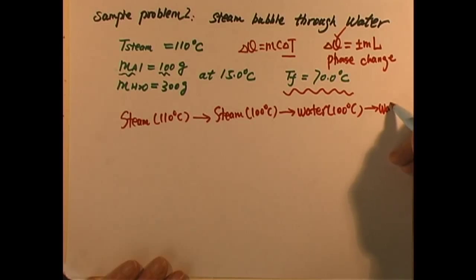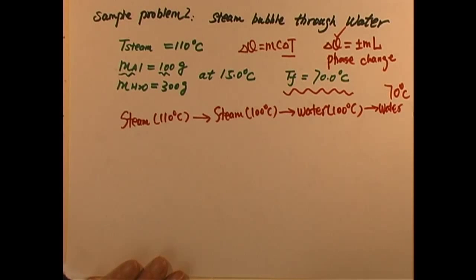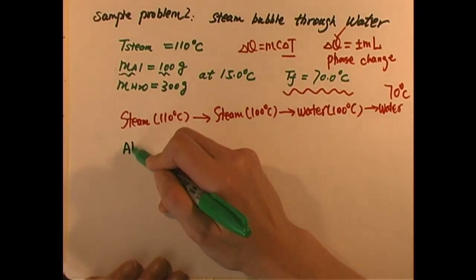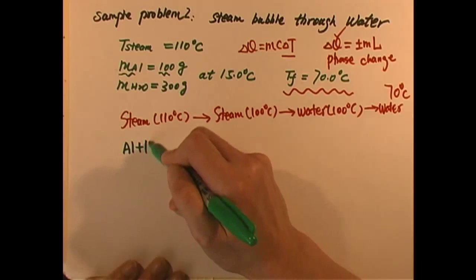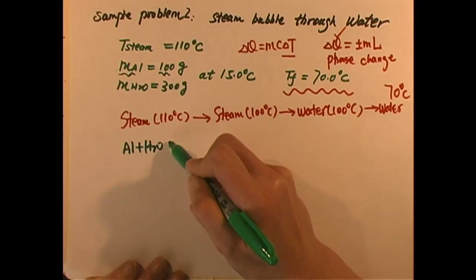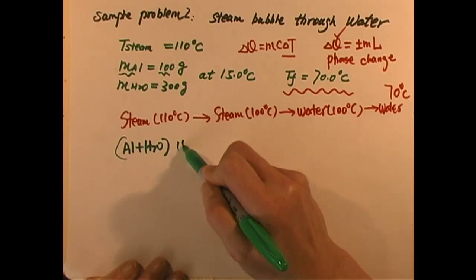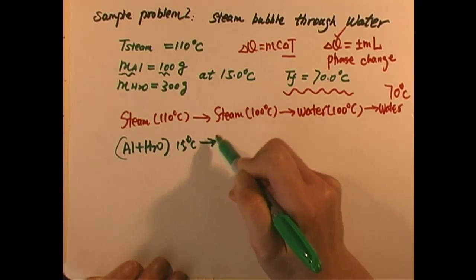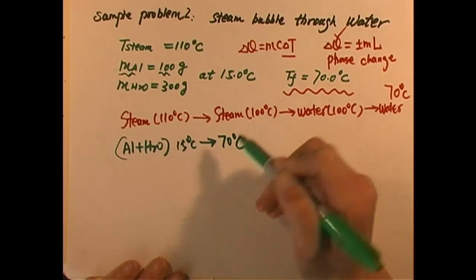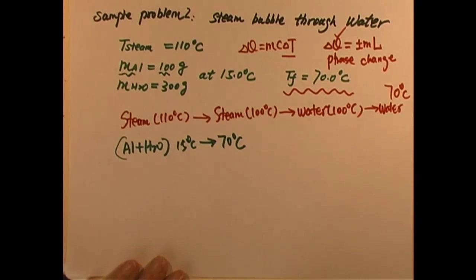It's still water, but now at the end of 70 degrees Celsius. That is what happens to the steam. For the aluminum and the initial H2O, they don't have phase changes. They start from 15 degrees Celsius and just go strictly to 70 degrees Celsius. So that's what happens to the aluminum cup and the water inside.